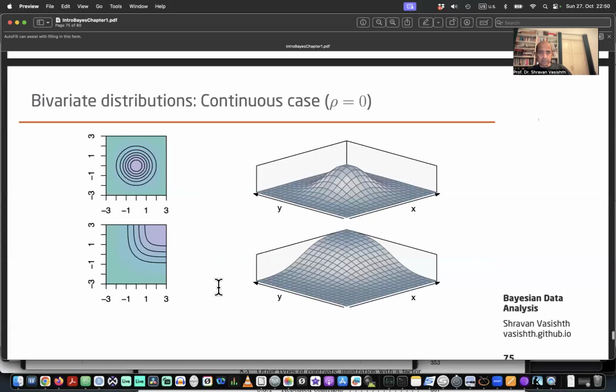So this is what the continuous bivariate normal distribution will look like, right? So the X and Y values here are representing the support of the two random variables, right? And what you're seeing here in the lower plot is the cumulative distribution function. You can see that it's rising up to 1 here, right?